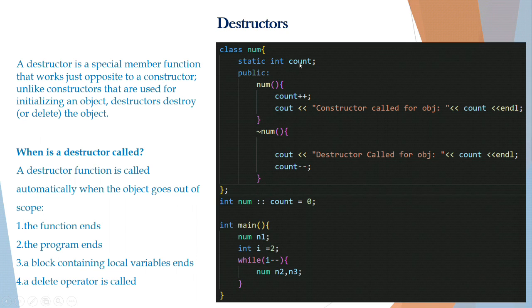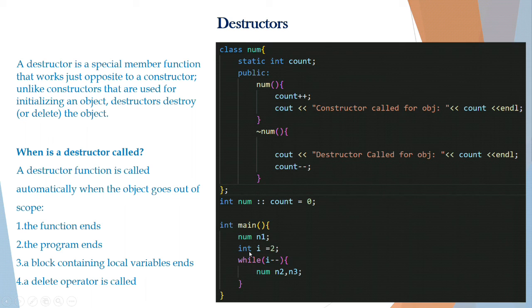We covered this topic previously, so I hope you know that in C++ we have to initialize the static variables outside the class. So when this default constructor is called, it will print "constructor called for object 1", and count plus plus means the count will be 1.